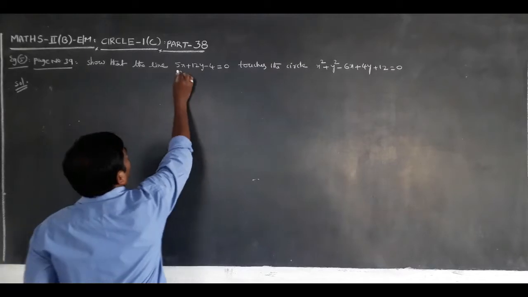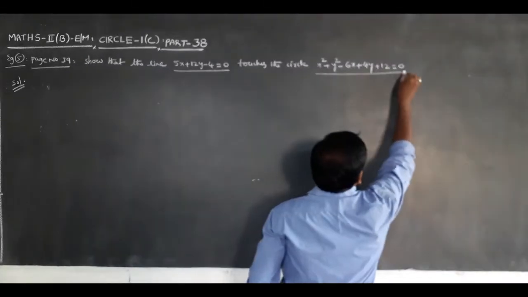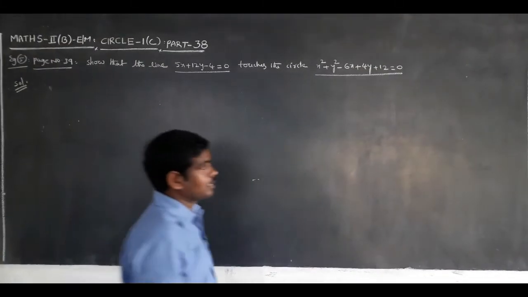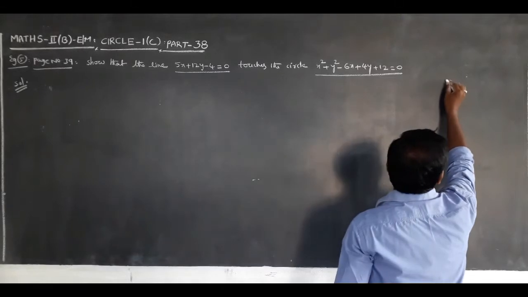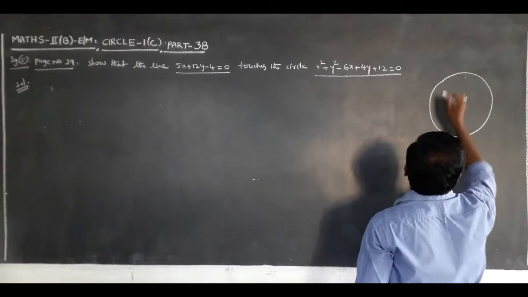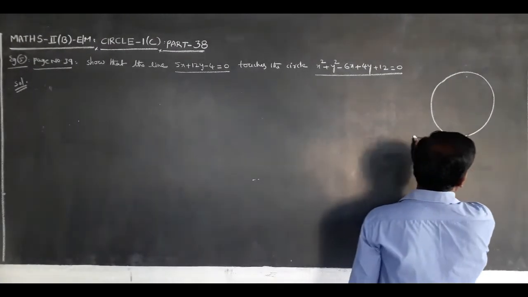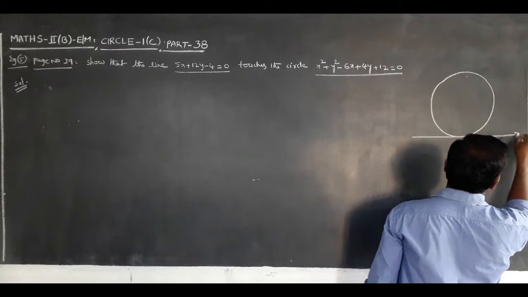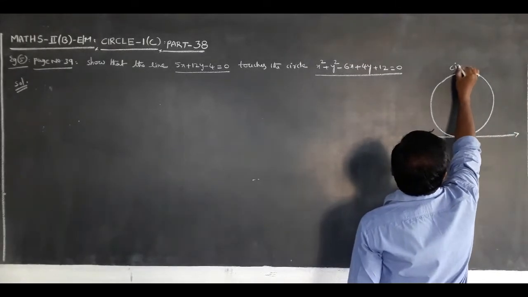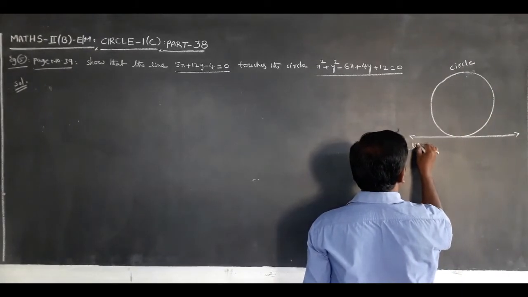Show that the line touches the circle. This is the given equation of the circle, and this is the given equation of the straight line.